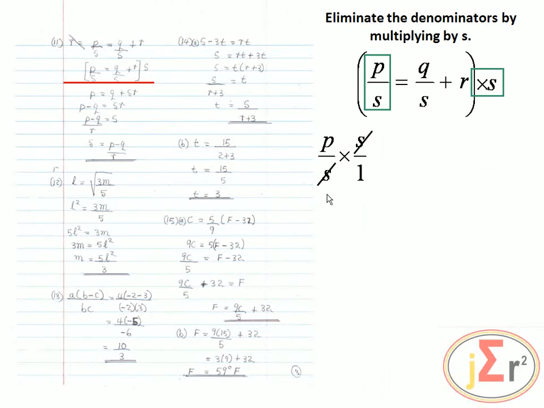We will have S cancelled with S, and the result is P over 1. Any number divided by 1 is equal to that same number. And the same will follow for the other fraction. No different. The S's are eliminated, and Q divided by 1 is Q.